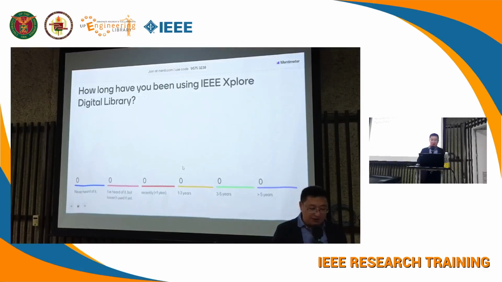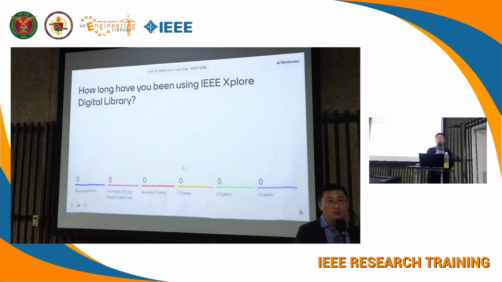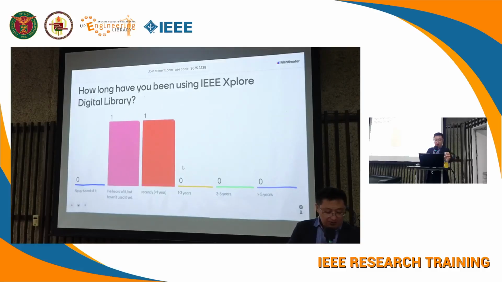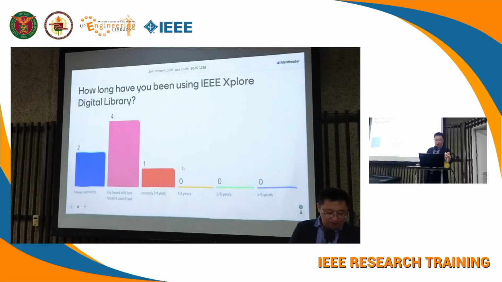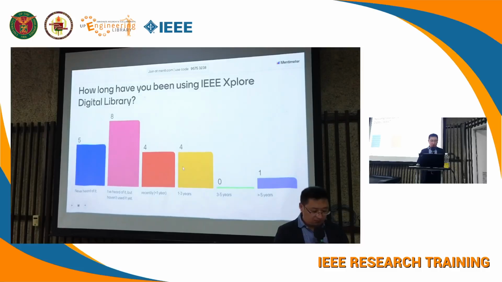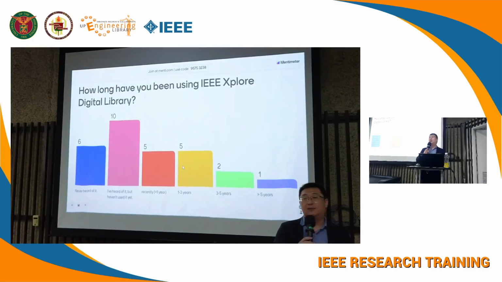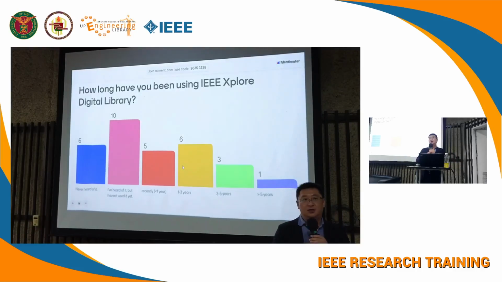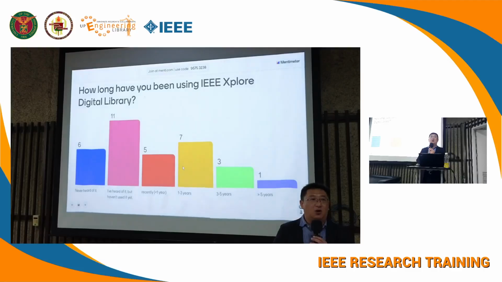And the next one is your experience with IEEE Xplore Digital Library. How long have you been using it? Never heard of it? Haven't used it yet? Or you have been using it recently? Okay. So IEEE Xplore Digital Library pretty much focuses on four things, which we call STEM, S-T-E-M, all in capital letters.